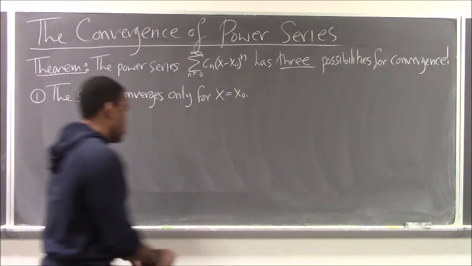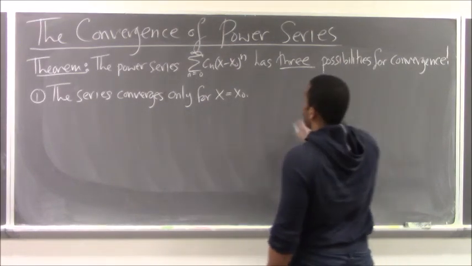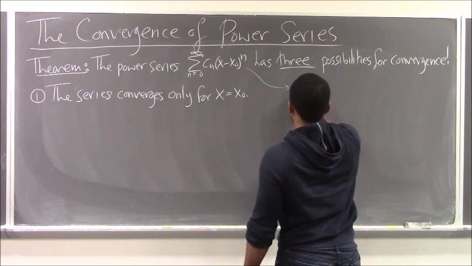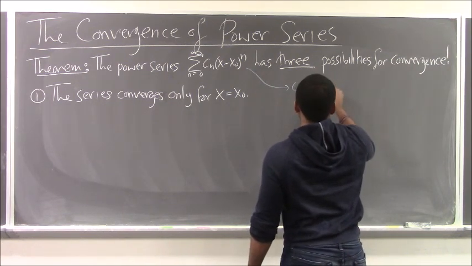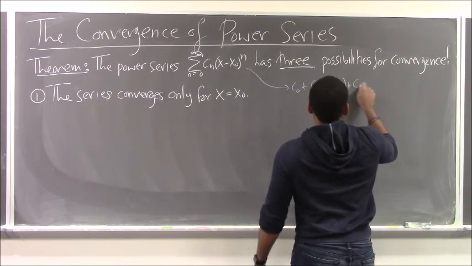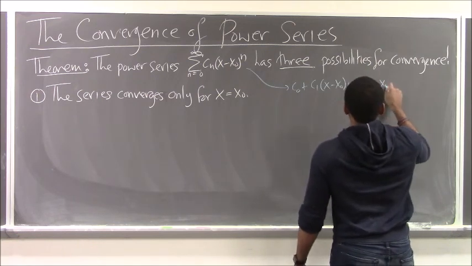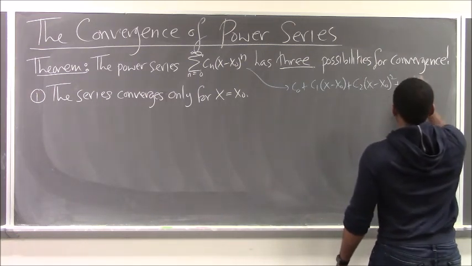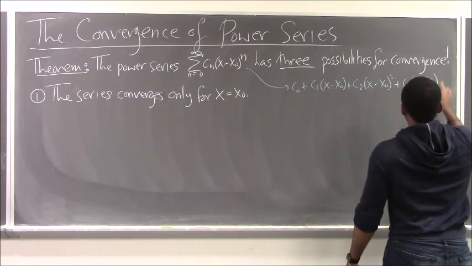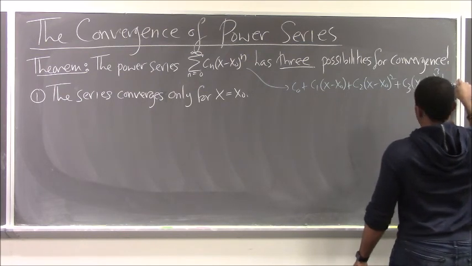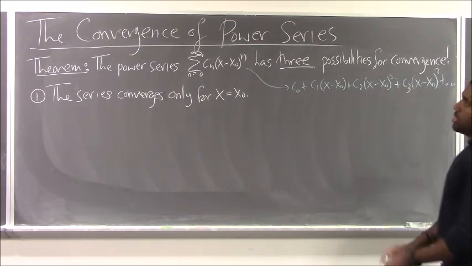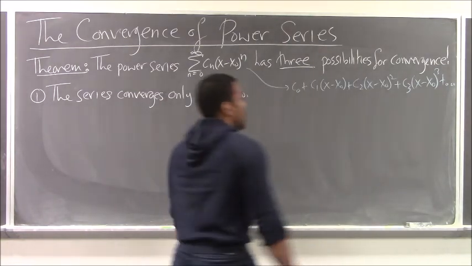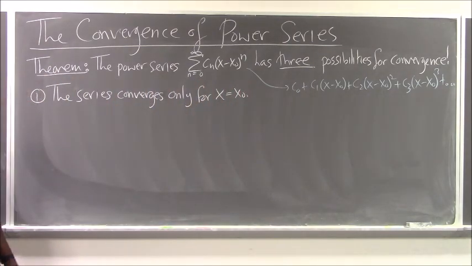Again, this series looks like c_0 plus c_1 (x minus x naught) plus c_2 (x minus x naught) squared plus c_3 (x minus x naught) cubed plus dot dot dot. So here's one possibility, that it converges for x equals x naught.